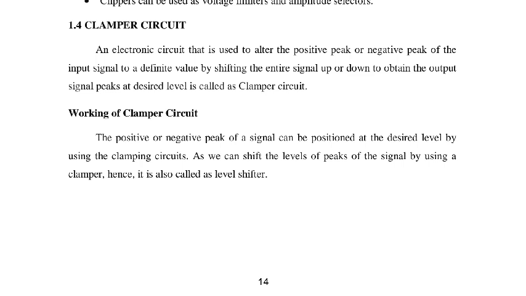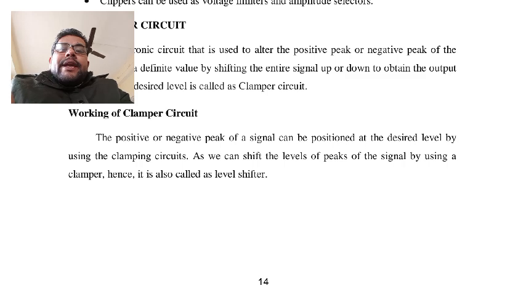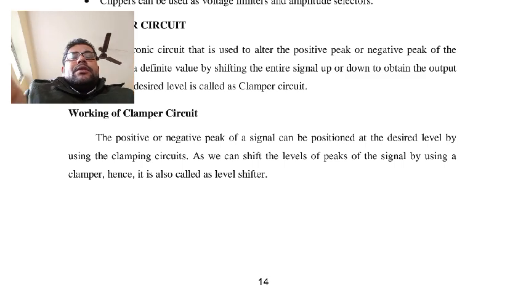But in the clamper, there is no removal. It shifts the input to a different level at the output stage only. In a clamper, only shifting is done. But in a clipper, we are clipping the input.